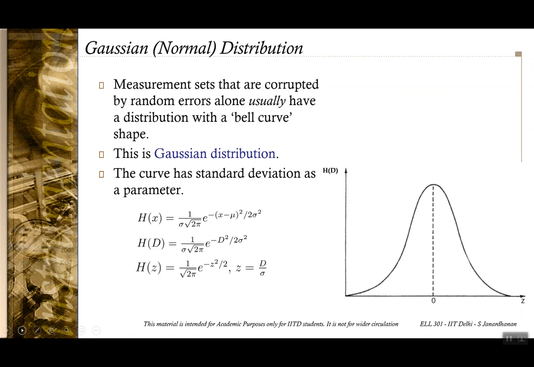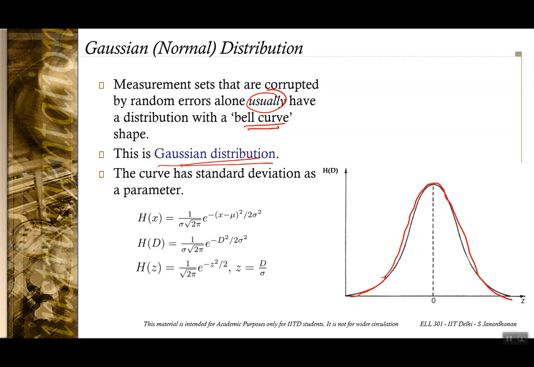Now this is the general case. However, in most measurement systems which are corrupted by random errors, the usual shape of the probability distribution is something called a Gaussian distribution, whose shape is like an inverted bell.